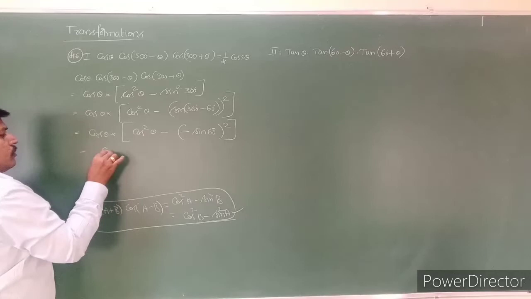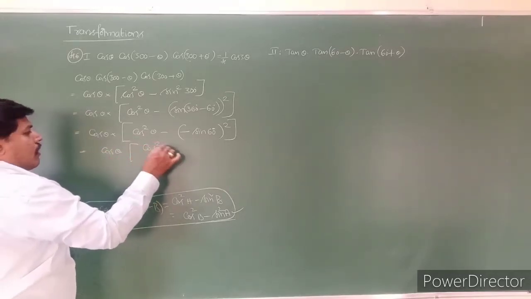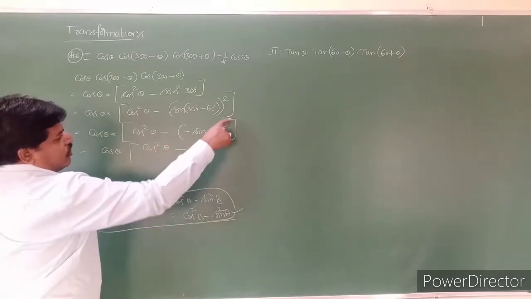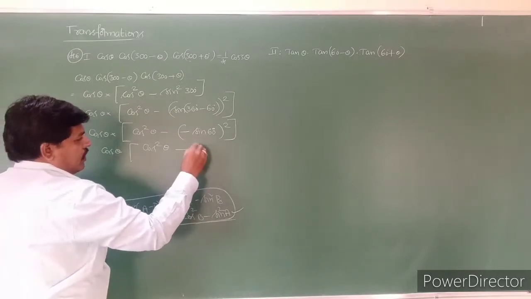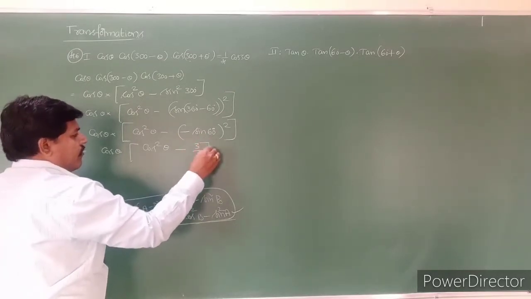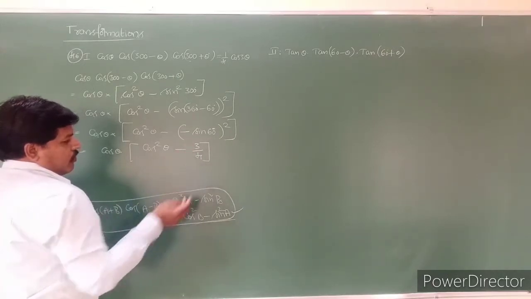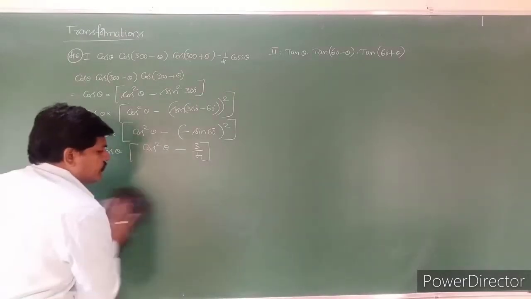So that is equal to cos theta into cos square theta minus sin 60 whole square. Sin 60 is root 3 by 2, and minus root 3 by 2 whole square is nothing but 3 by 4. Do you understand that? And take the LCM 4 here. So what will you get?